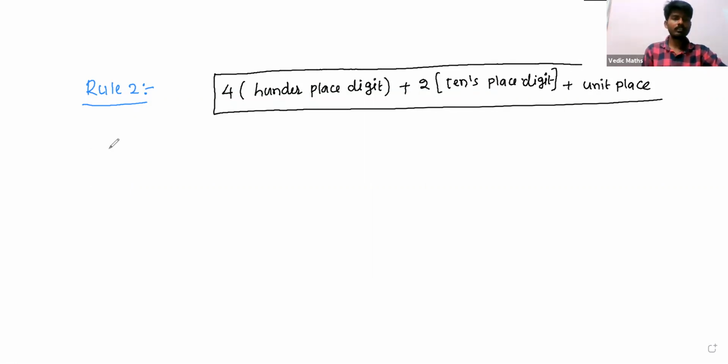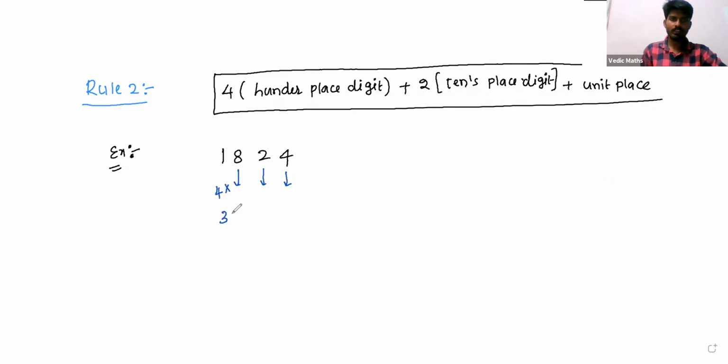Let me take one example and try to understand the concept. Suppose 1824. Instead of dividing 824, we take the three digits and multiply the hundreds digit 8 by 4.